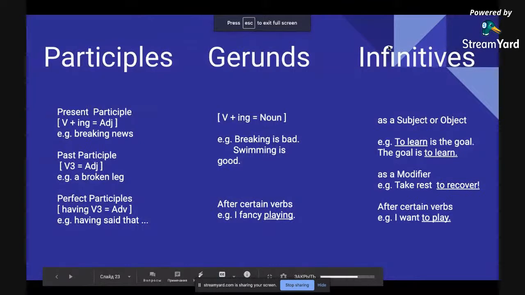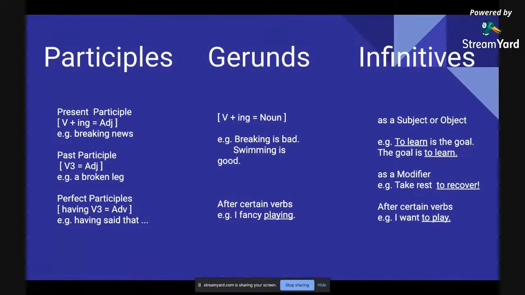Now, participles can be of three types: present participle, past, and perfect. Present participles can also be called participle 1, past participles participle 2, and perfect participle 3, respectively. As you can see, there is a difference between them.